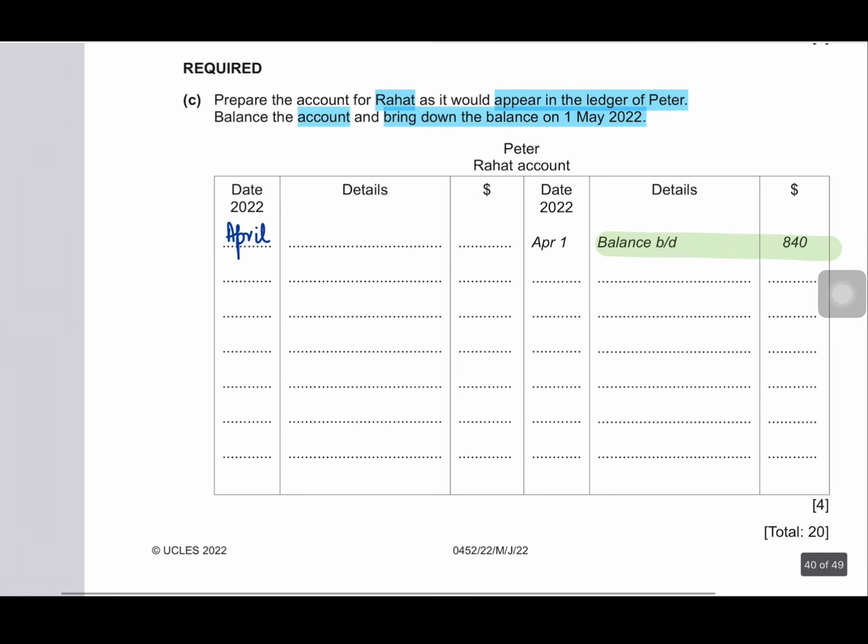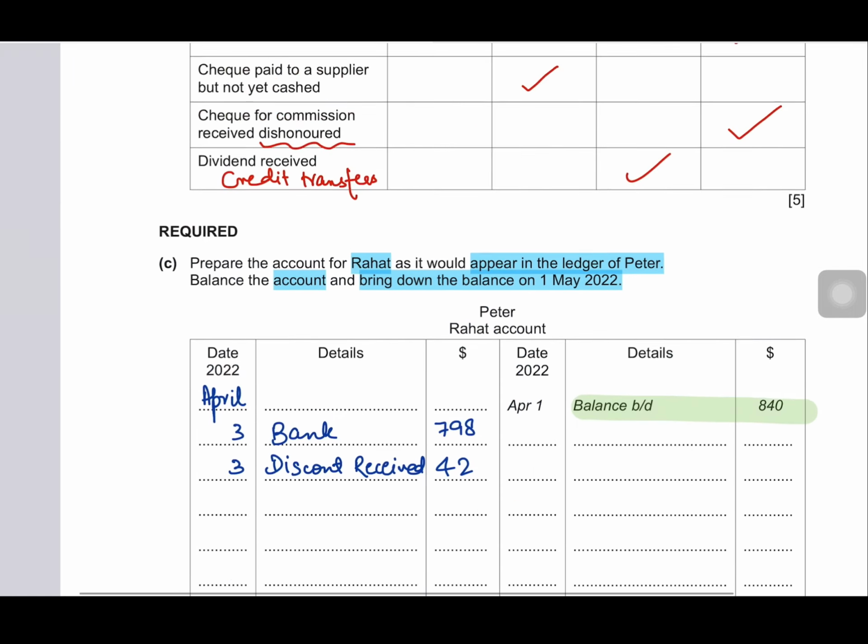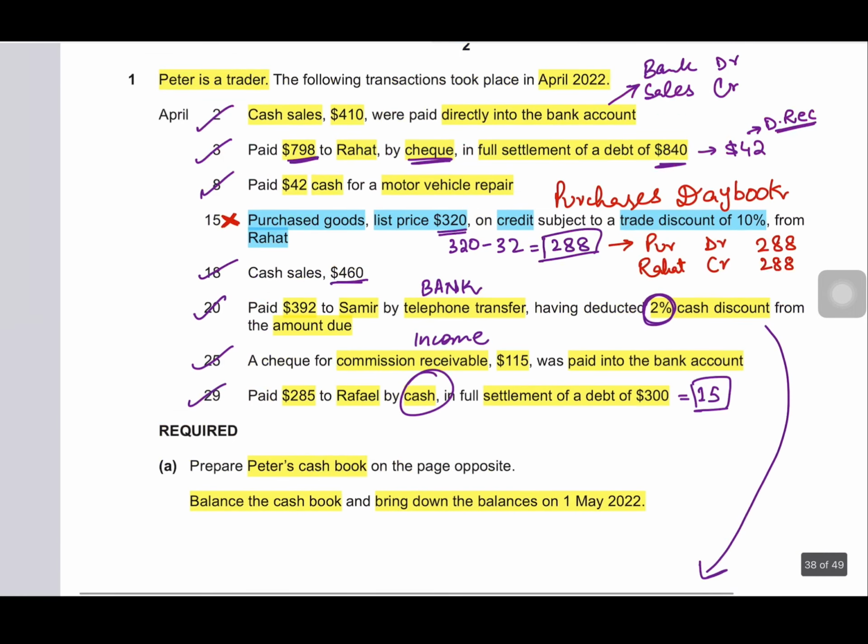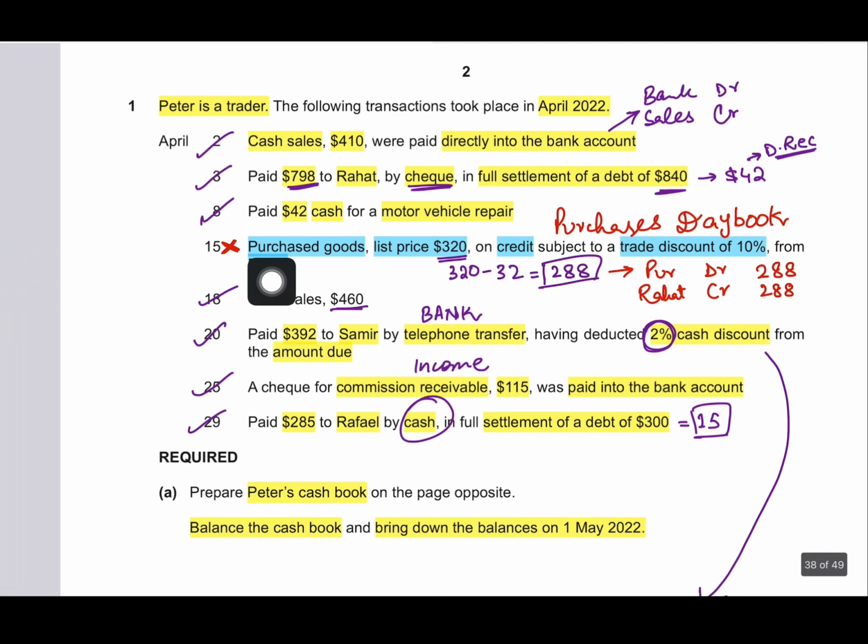So April, what is the date? 3rd, bank 798. This is what we are paying and we are getting a discount of 42. Then the second transaction was we purchased goods, list price.